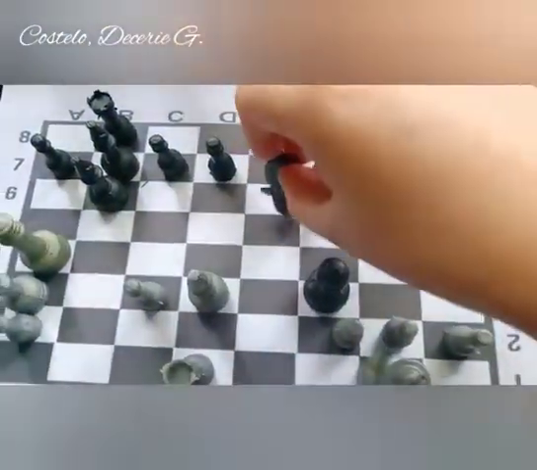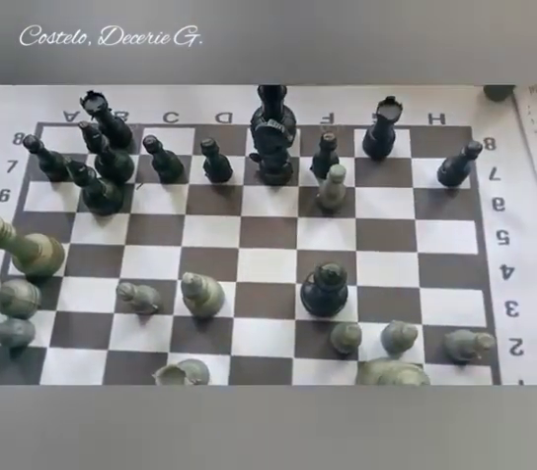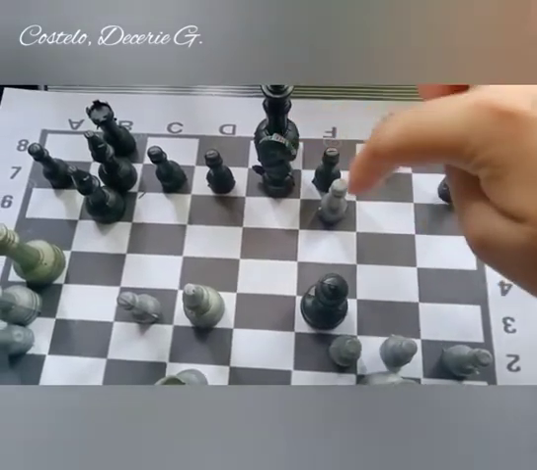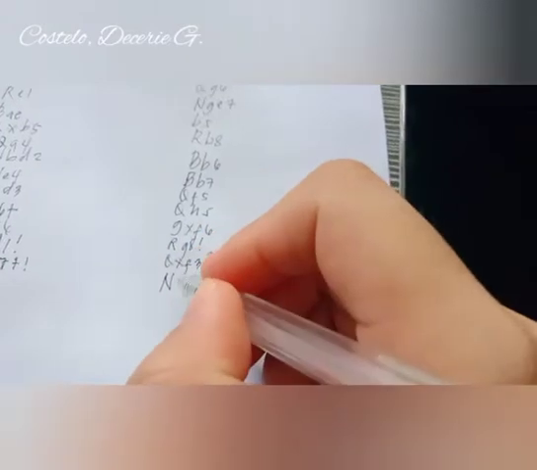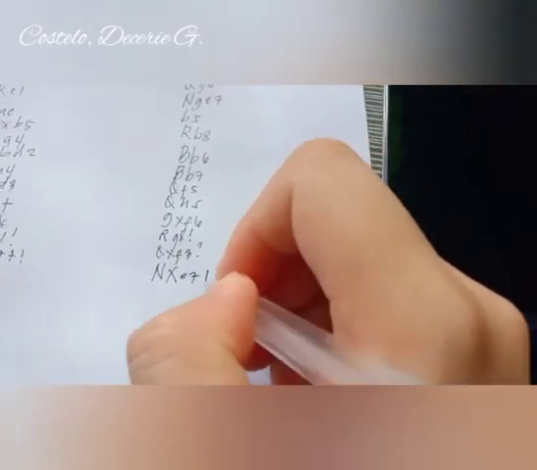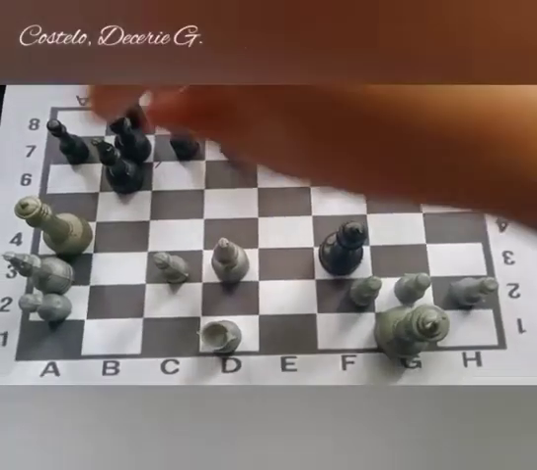So we have the knight capture E7, good move, then bad move. So we are going to write N for the knight capture, E7, exclamation point for the good move, and question mark for the bad move.